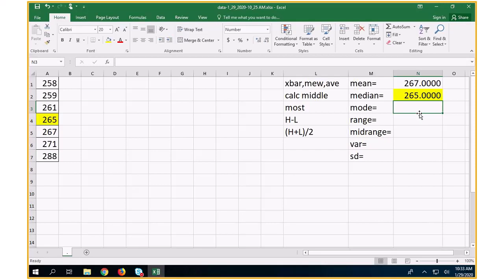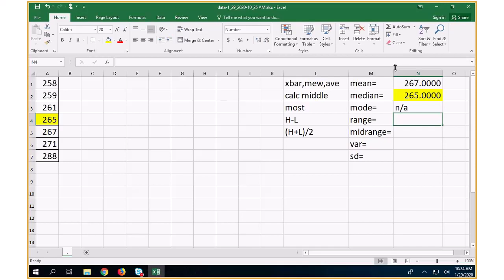Mode is what shows up the most. Does any number show up the most? If not, you put NA, or does not exist, any word that says there isn't one. Do not put 0, because you're going to have some smart alecky teacher mark it wrong and say 0 is not in the subset.